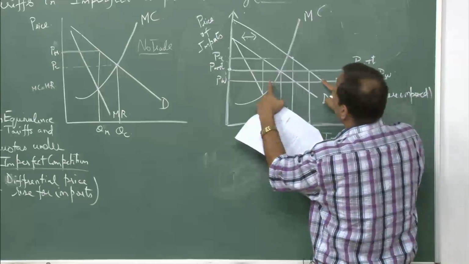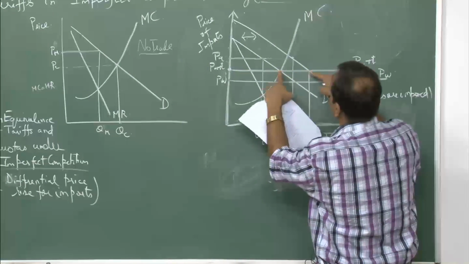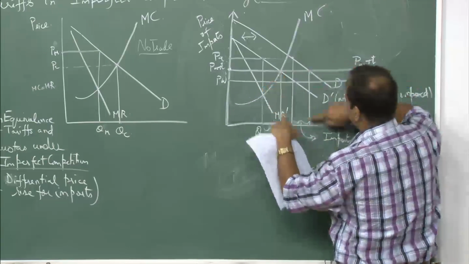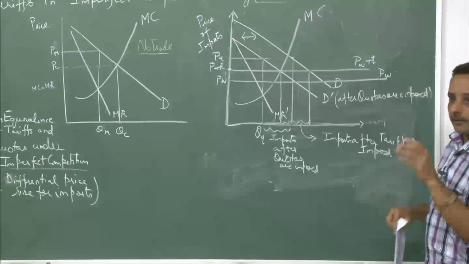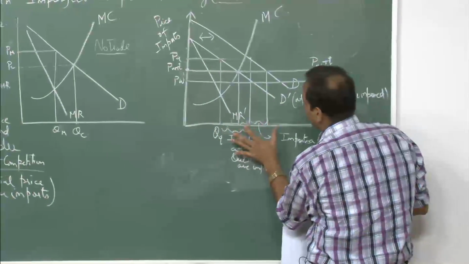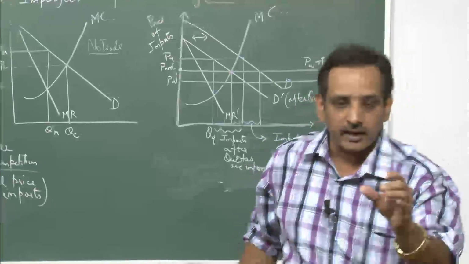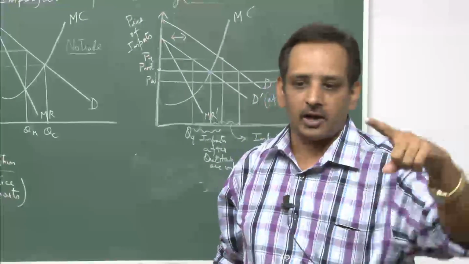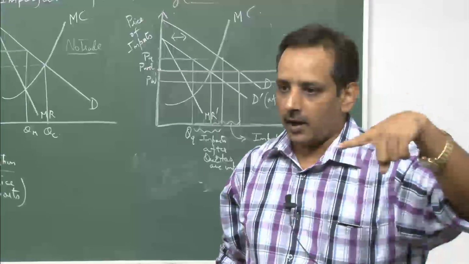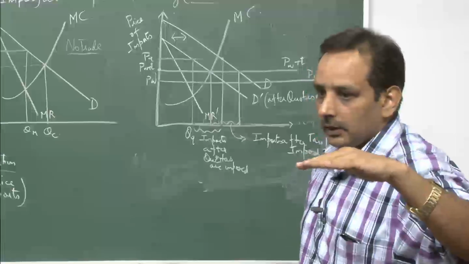Right now, tariffs are imposed, so the price goes up. The new imports are this much. We are going to see the non-equivalence of tariffs and quotas. So we restrict imports to the same level, but for the same level of imports, the monopolist charges a higher price, while under tariffs the price rise would be less.